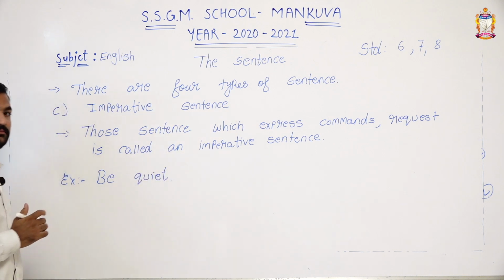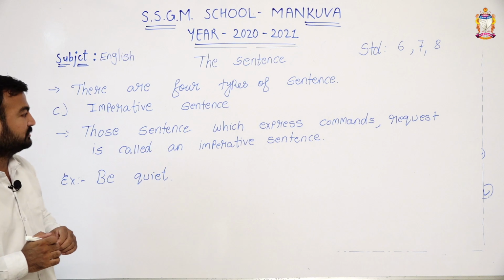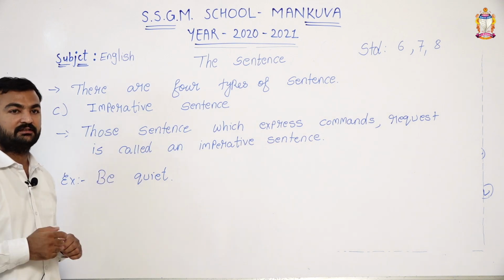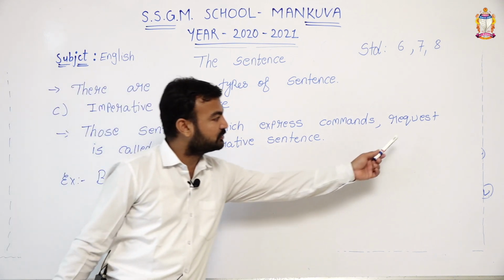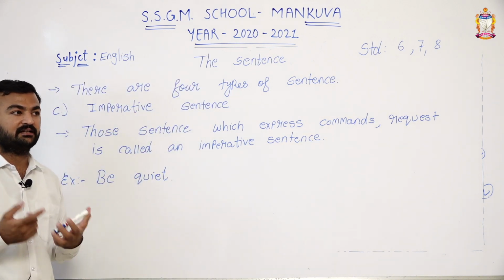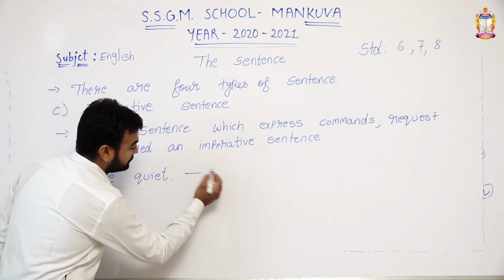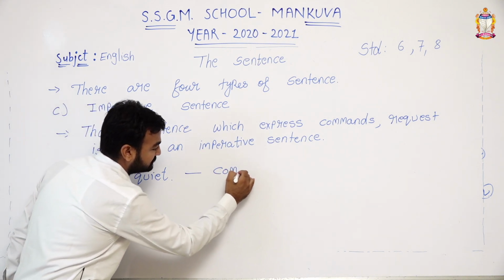This is just a simple sentence which gives commands to the particular students. Now the sentence for request. As we know, when we are requesting someone, we use please. Over here this sentence is of command.